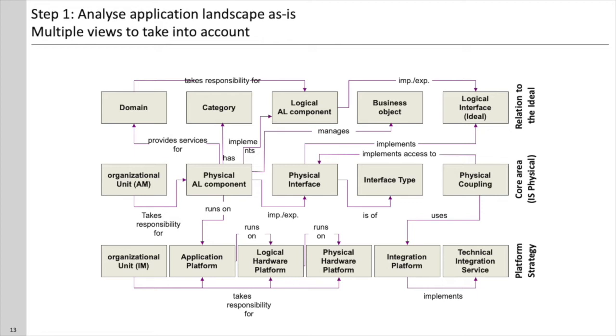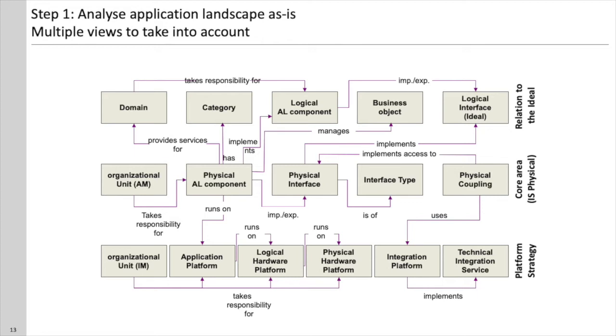And on the other side, concerning the physical coupling, which integration platform is used and which technical services of integration are used. So we not only have to analyze the logical structure or the physical structure in terms of AL components, but we also have to analyze the as-is integration architecture. That's one area of many other aspects to take into account.